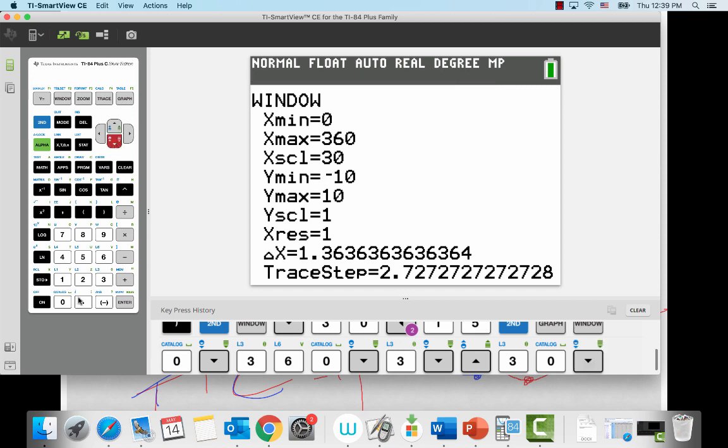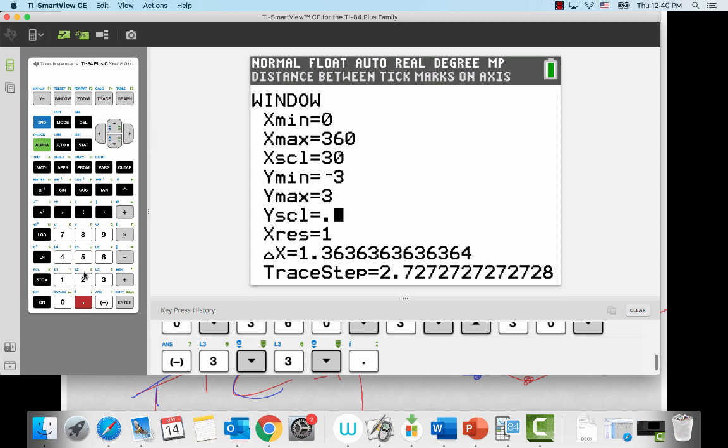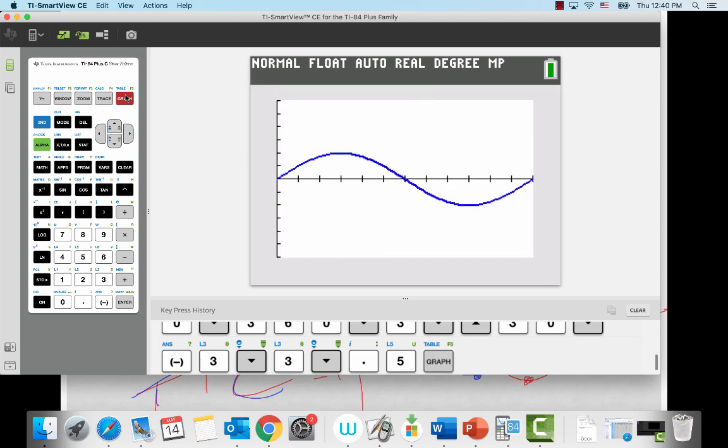My Y's are my values. So I'm going to go from -3 to +3, and let's count by halves so we can see the tick marks. So my degrees are going from 0 to 360, counting by 30s. My Y's are going from -3 to +3, counting by a half. So now when I take a look at the graph, I can see it.